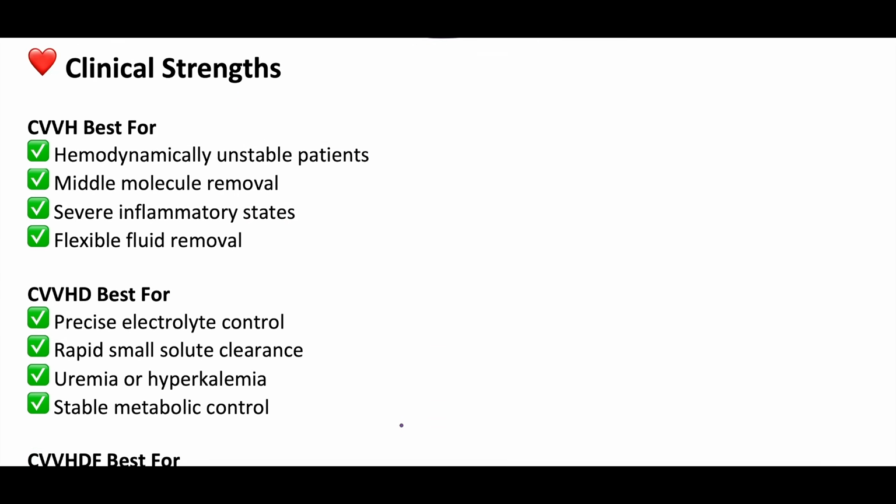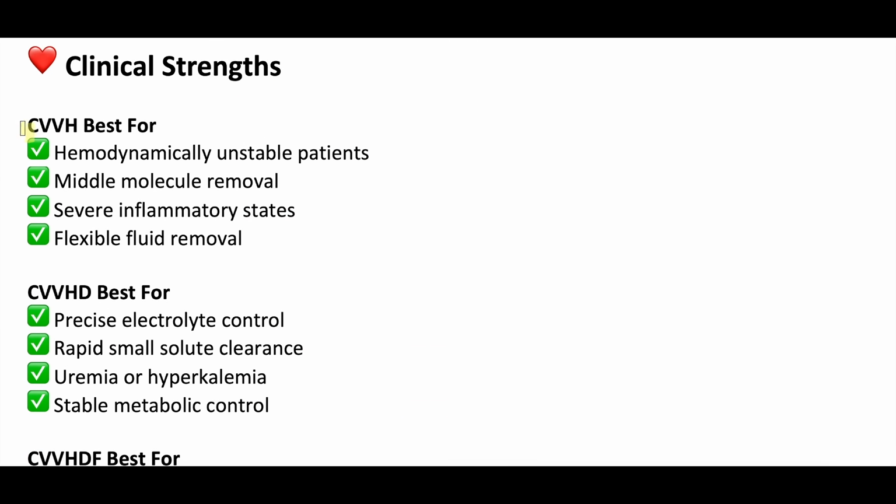Clinical strengths. A lot of people say CVVH is best for middle molecule removal, right? Things like cytokines and toxins. All right. Whereas CVVHD is best for small solute clearance, like electrolytes, right?